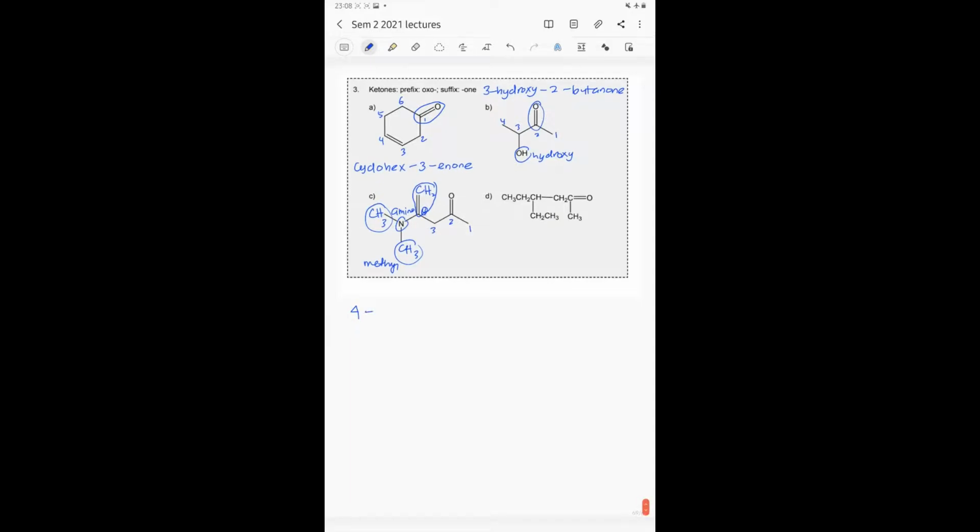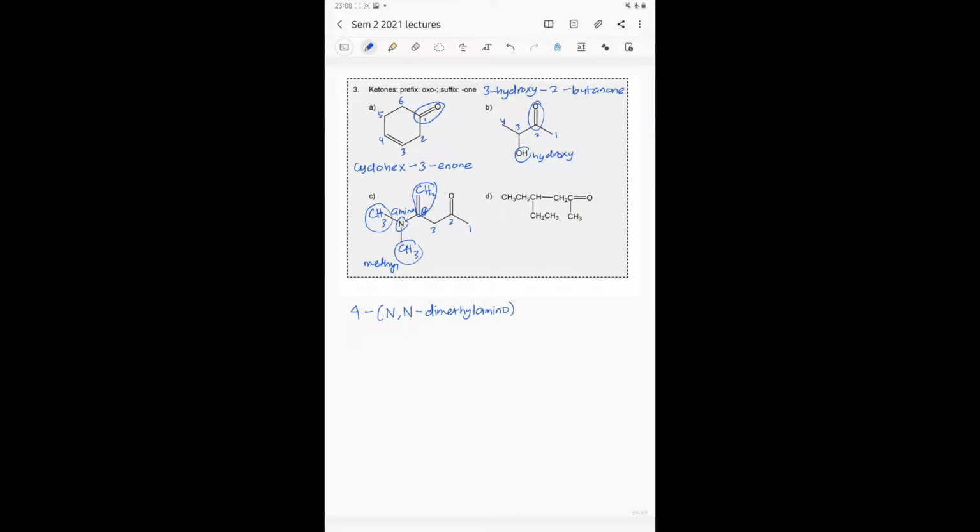So 4, and then we name the grandchildren first. The methyls are both attached to N. So 4-(N,N-dimethylamino). Close bracket.